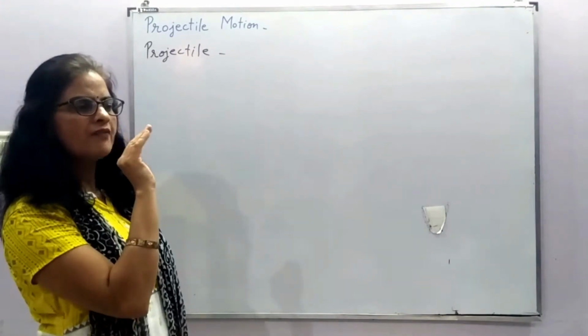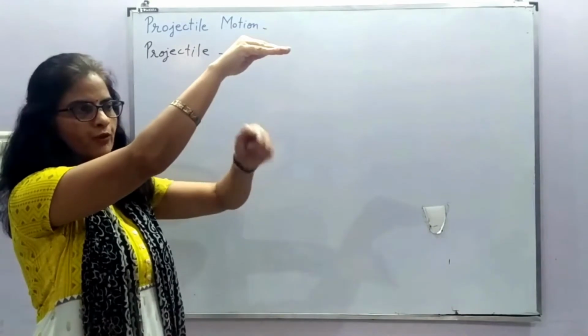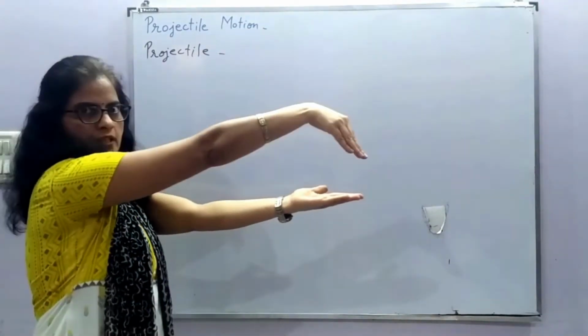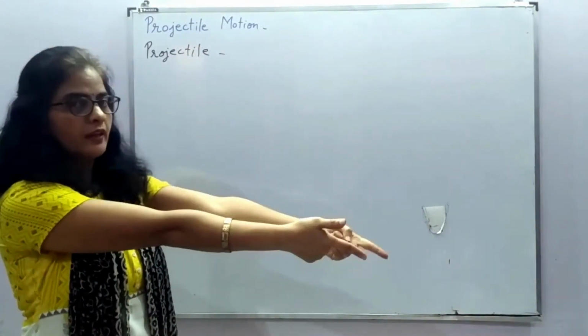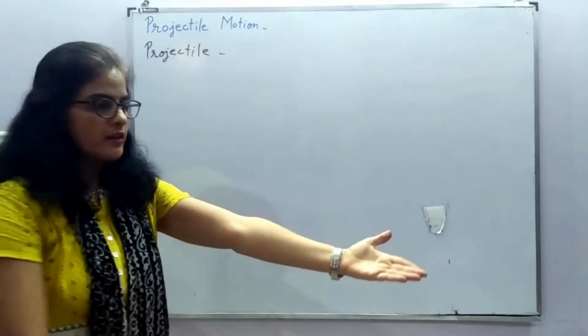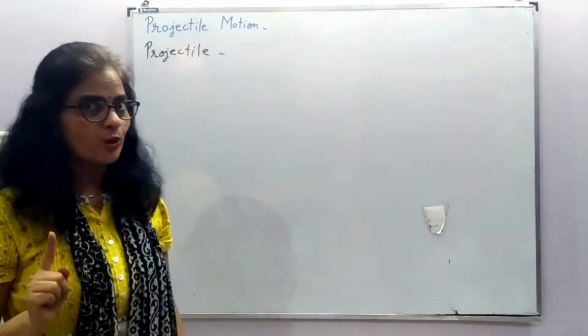That means I have initially given it a velocity in some direction with the horizontal. This was the horizontal direction. I have thrown the object like this. The object is thrown from here. It falls down at some horizontal distance from me, though it has covered some vertical height also.